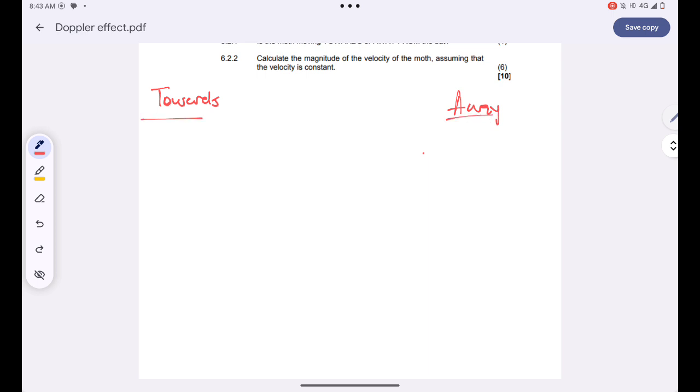Please note that, guys, the formula for towards, before I even write down the data, says fL is equal to (v plus or minus vL) over (v plus or minus vS), times the frequency of the source. But since we know that our listener or the observer is stationary, it simply means the velocity of our listener is equal to 0.